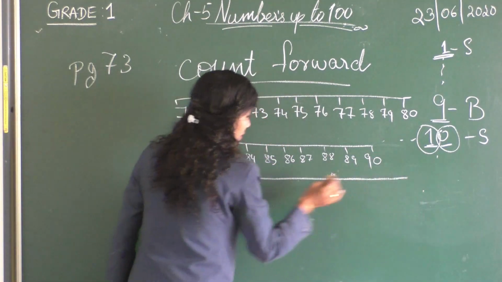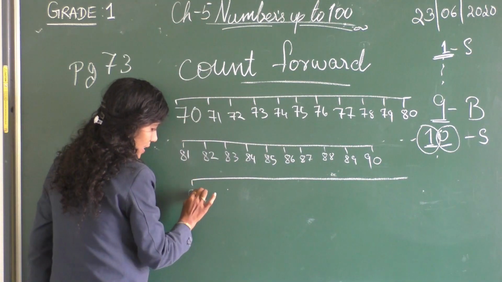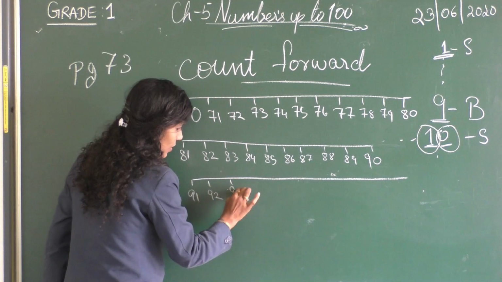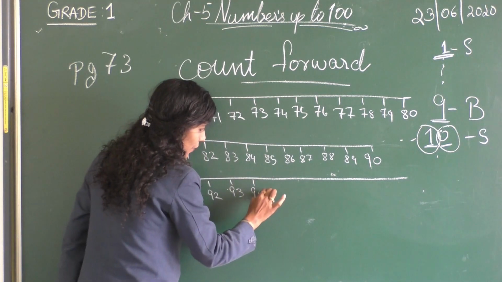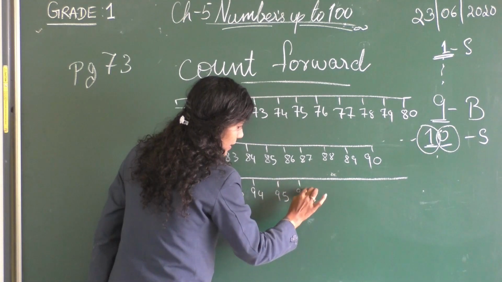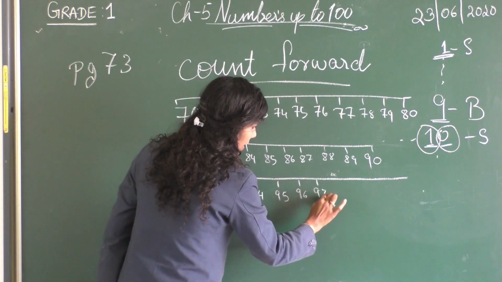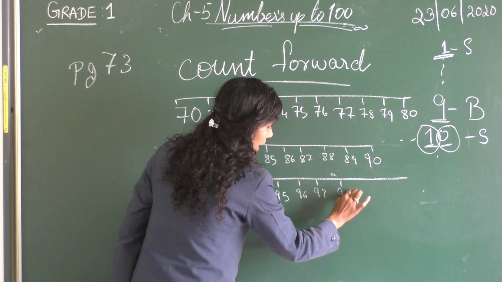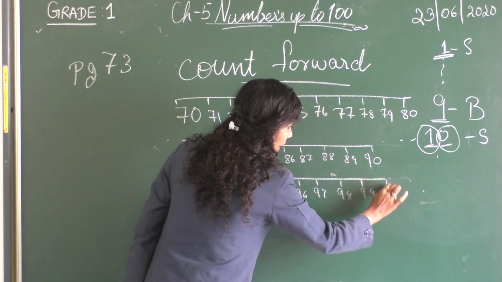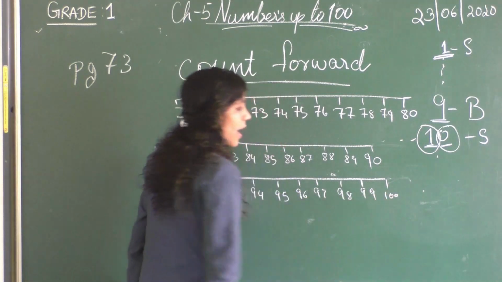Next 91, 92, 93, 94, 95, 96, 97, 98, 99 and we have 100.